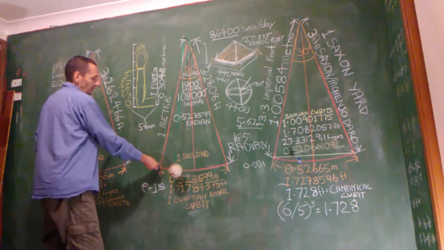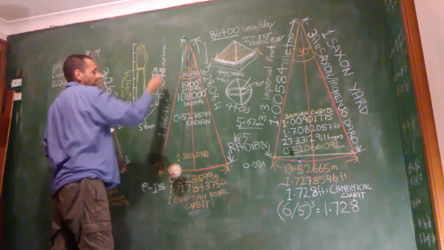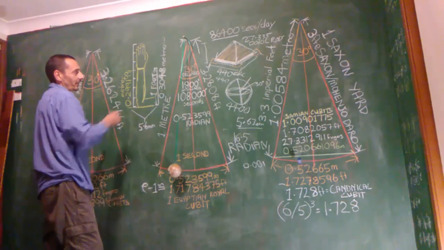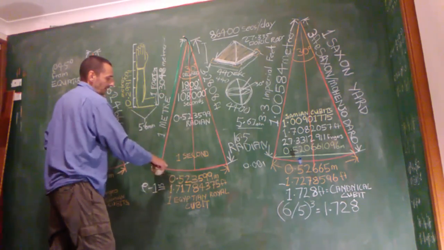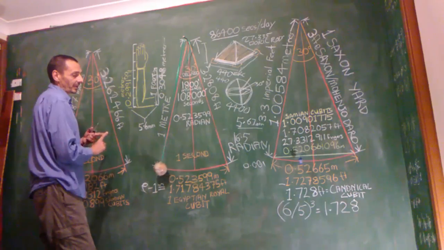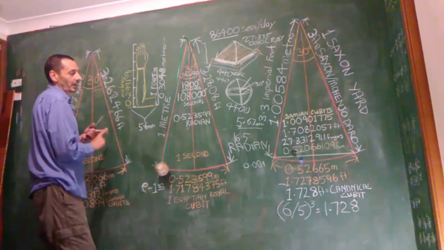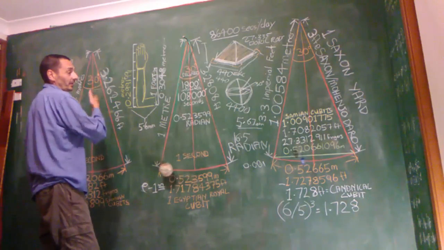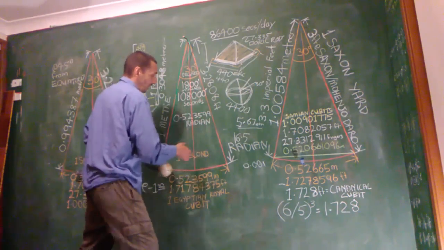So one medieval royal yard would have been 1 meter minus a millimeter, and that's within the margin of error. So this 1 meter pendulum can be found in Notre Dame Cathedral and Beauvais Cathedral and other cathedrals as well, just as an example that this has been transmitted across time.